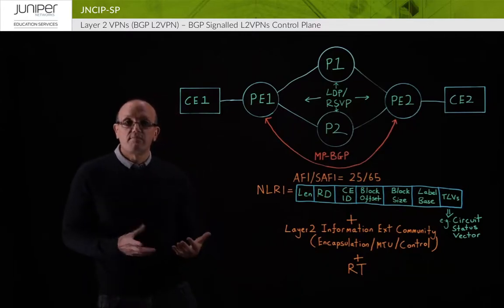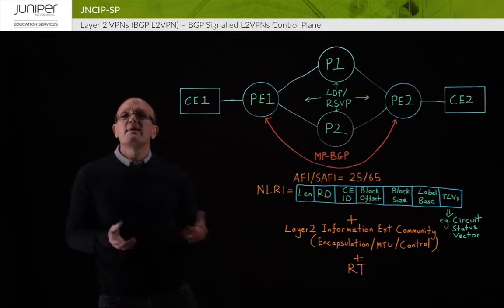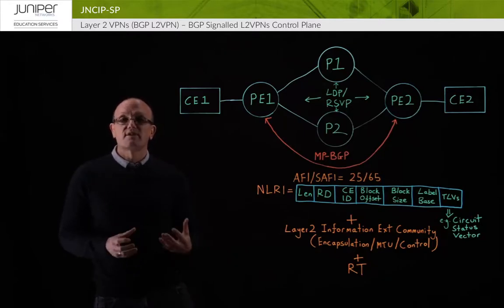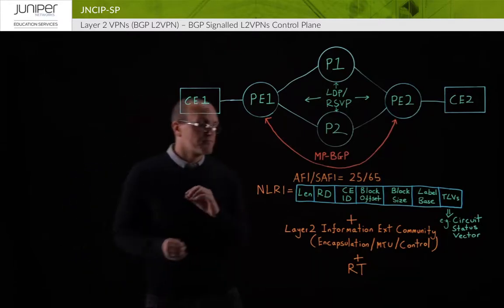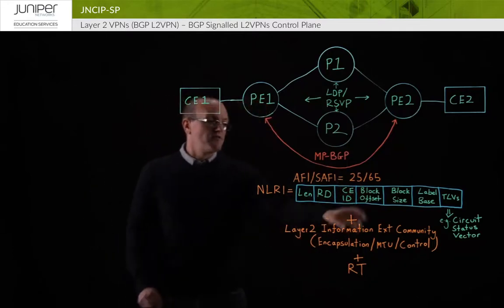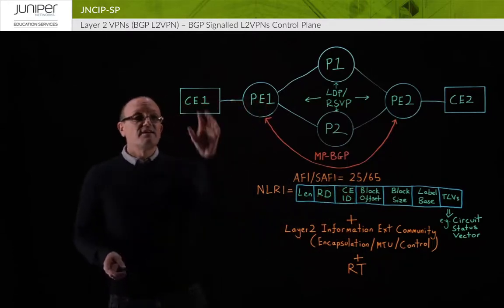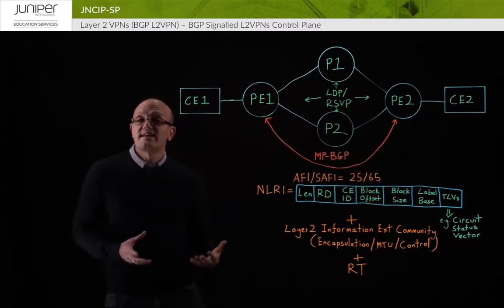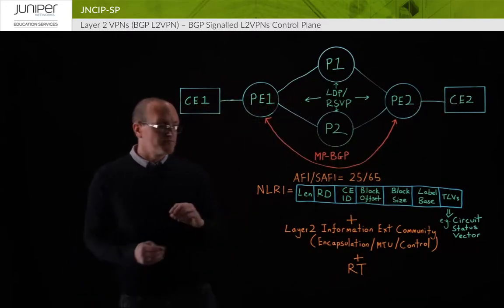Much like with Layer 3 VPNs, we can support many different private networks, each dedicated to a customer, accommodating overlapping address spacing, that sort of thing. Then we have our CE ID. This number is going to be identifying an endpoint and is going to be unique within a given VPN.